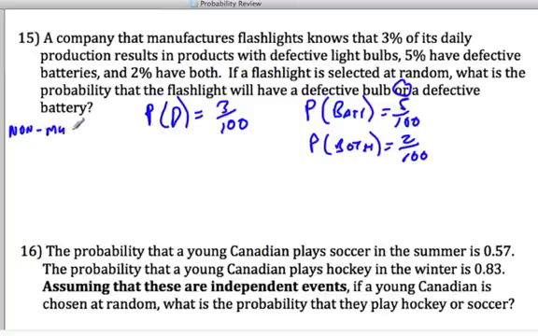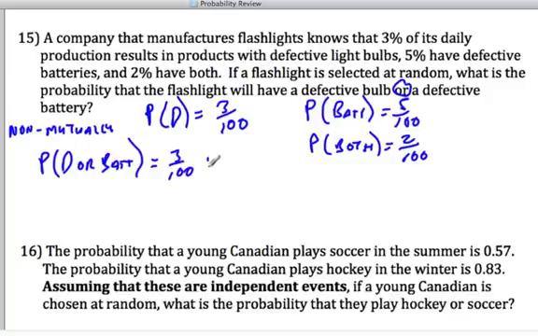So the probability of a defective bulb or a defective battery will be equal to the probability of a defective bulb plus the probability of a defective battery, which is 5 over 100, minus the probability that the bulb and the battery are both defective.